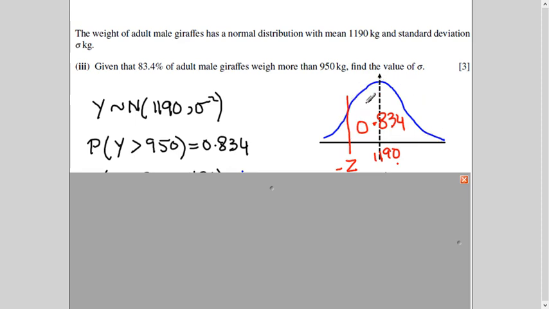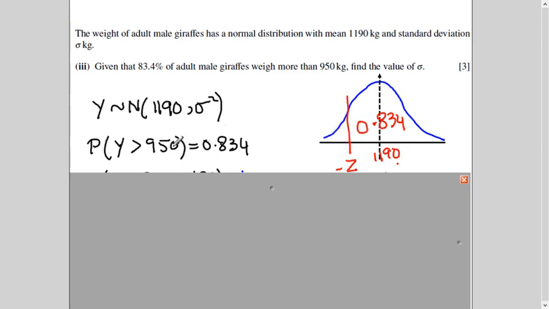So that's why my Z is coming here, because this right hand side area has to be bigger, around 83%. You know, this line which is in the center, the mean line, divides the graph equally into two parts, so 50%, 50%. Does this make sense? Why did I draw this line here? Because I'm saying the weight more than 950 is 83%. So the right hand side area has to be 83%, so a big area.